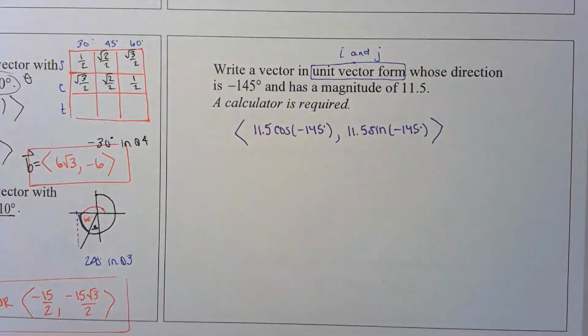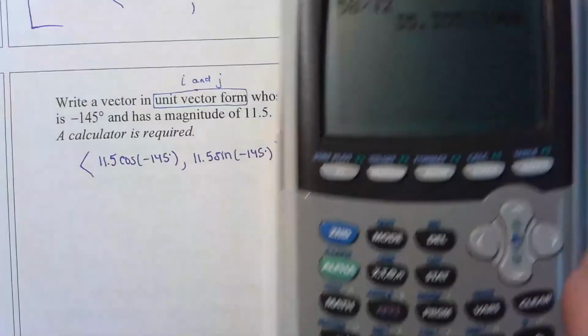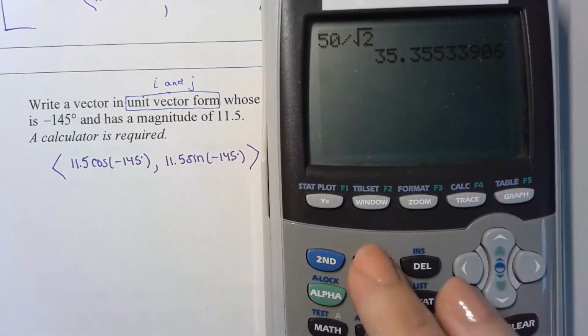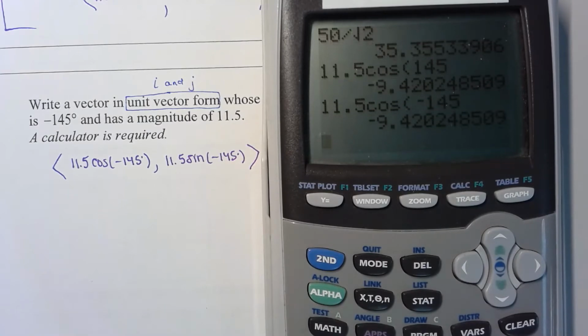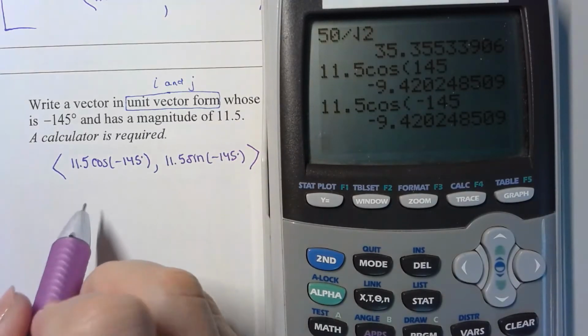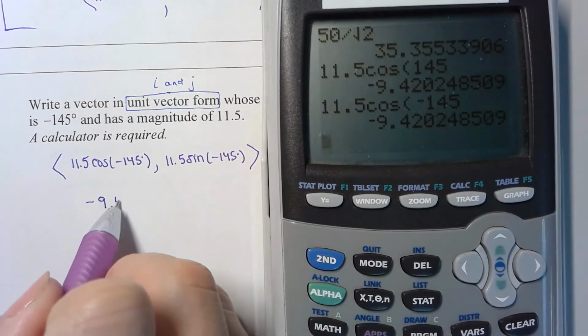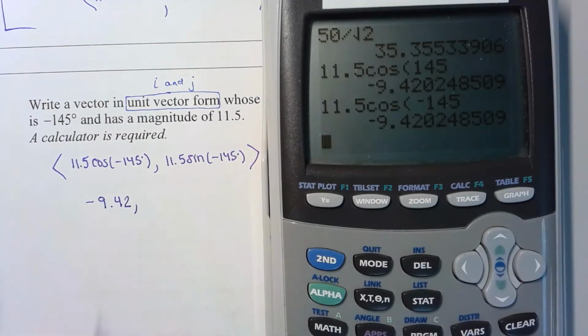That's okay. I'm grabbing my calculator. I'm just going to go type this in. We need to make sure we're in degrees. I should still be in. Perfect. And I've got 11.5 times the cosine of negative 145. I'm sorry, I missed my negative. Turns out to be the same thing. So I get negative 9.420.